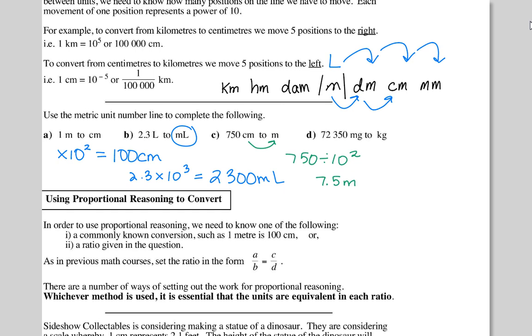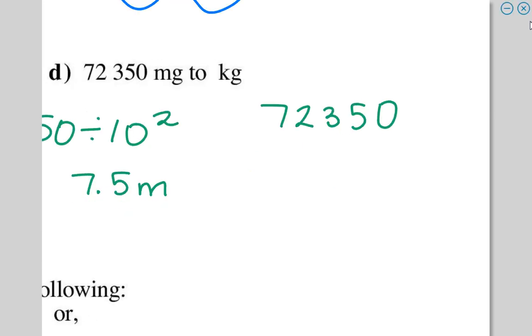Mg to kg. 6, right? So m, and then you go 1, 2, 3, 4, 5, 6. So 6 decimal moves. And am I dividing or am I timesing? I divide, because the unit is getting bigger, so my number should get smaller. Divide by 10 to the 6.